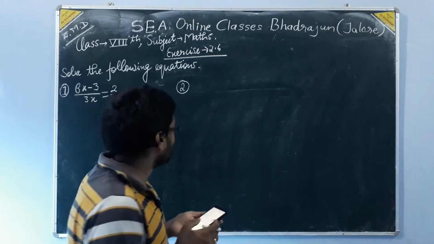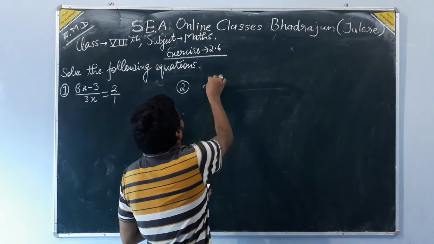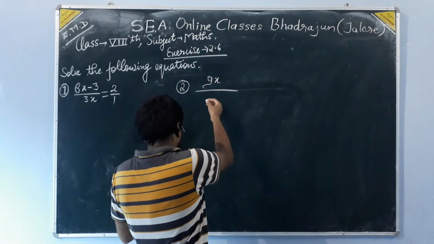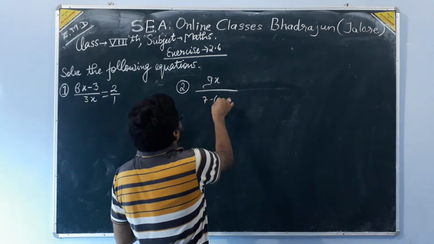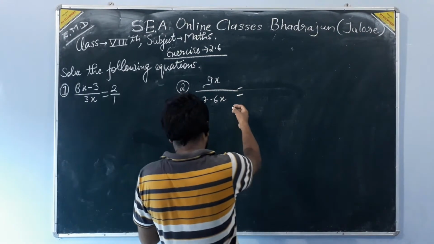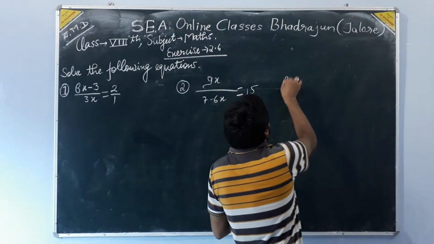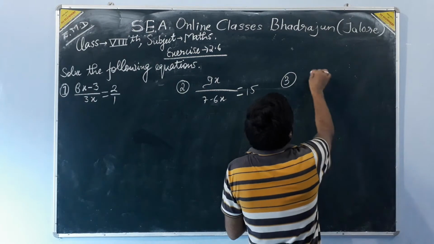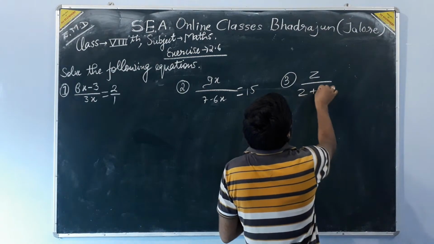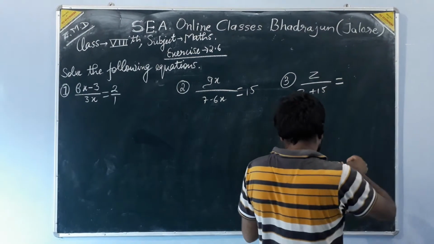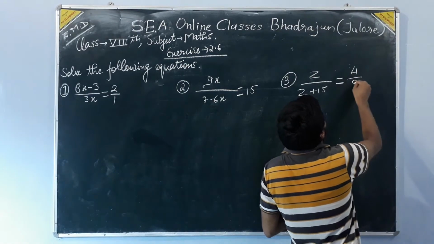Our second one is 9x upon (7 minus 6x) equals 15. And our third one is z upon (z plus 15) equals 4 upon 9.